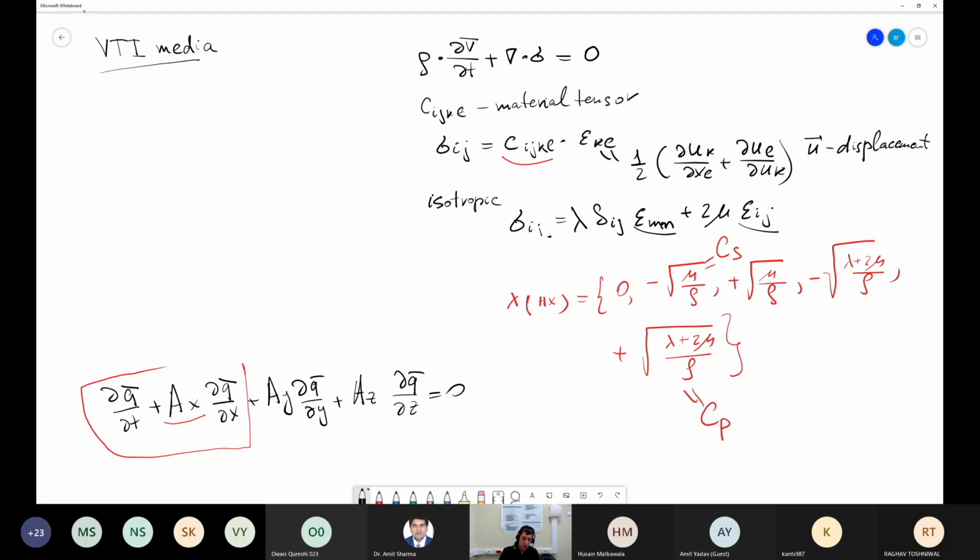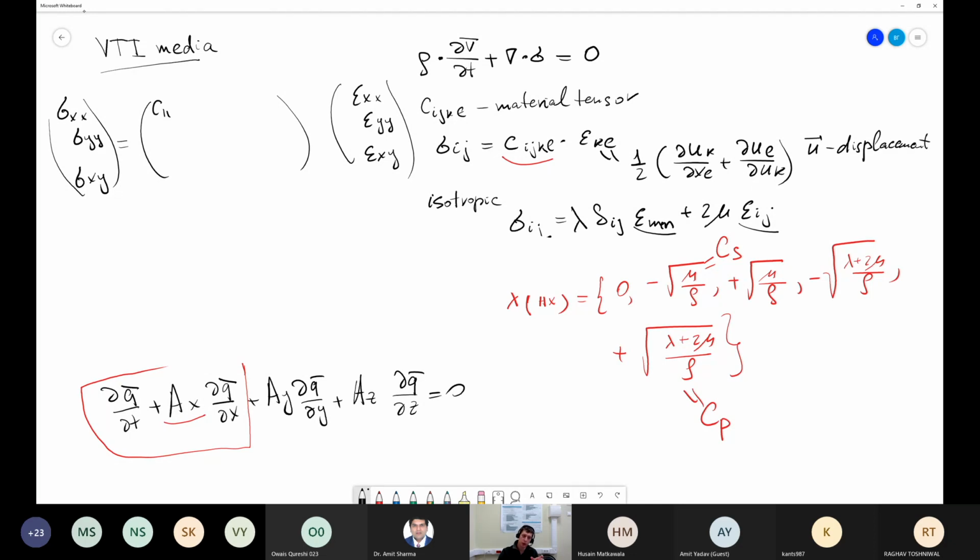We have here, in the 2D case, sigma xx, sigma yy, and sigma xy equal to some matrix multiplied by epsilon xx, epsilon yy, and epsilon xy. C11 is the coefficient of the material that the medium consists of.